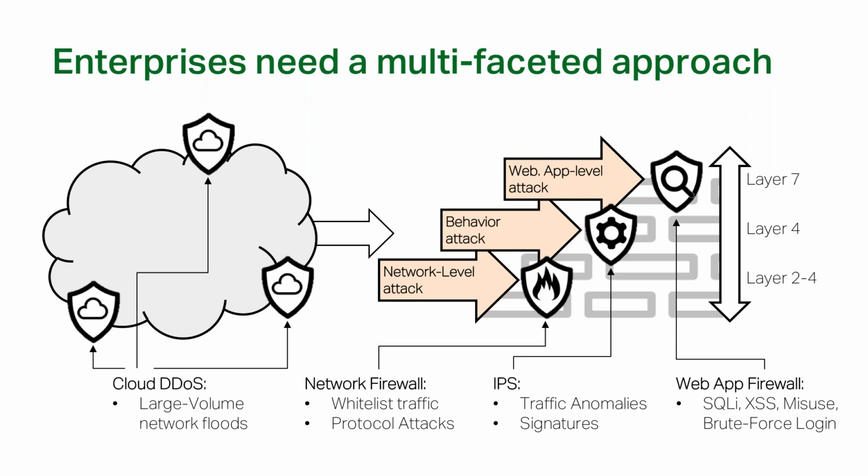But these are of limited effectiveness because, of course, many application-level attacks cannot be distinguished from real application traffic at this part of the infrastructure. So attacks need to be let through. And also, a smart attacker can easily bypass the front-end CDN and send their volumetric attacks directly to the vulnerable web service.